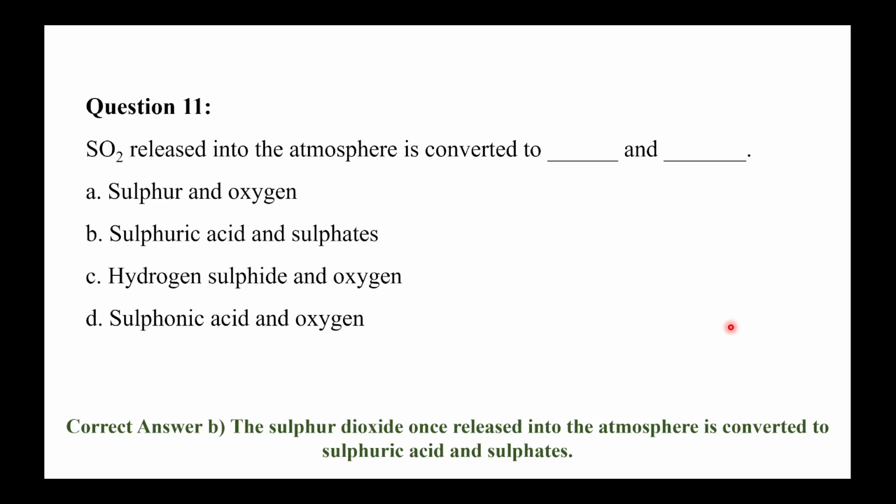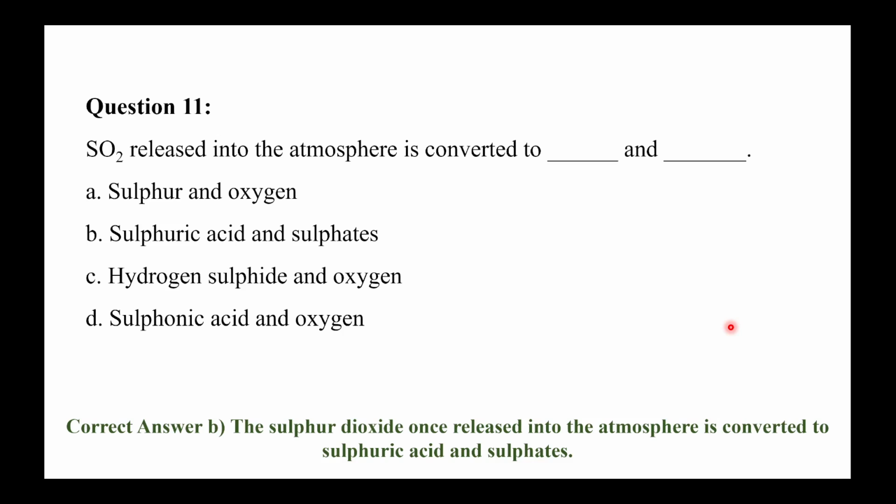So you remember, in case of nitrogen cycle we had nitrates, right? And in case of sulfur cycle we have sulfates. So all these nitrates and sulfates can ultimately lead to nitric acid and sulfuric acid formation. So when it rains, all these acids can mix with the rainwater, and that's how we are getting acid rains due to the pollution.